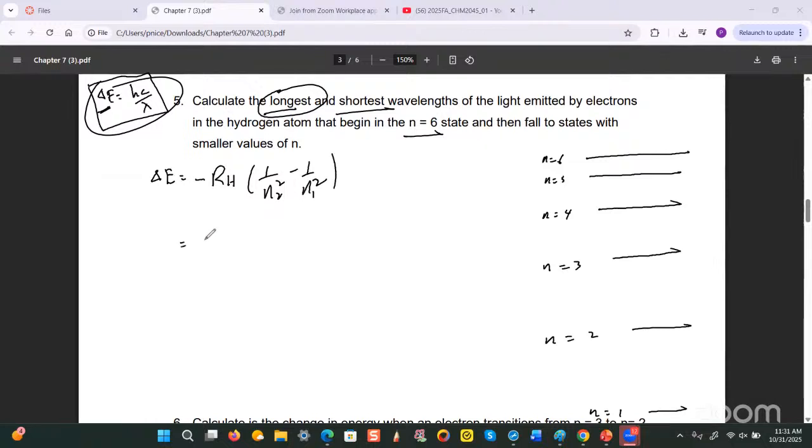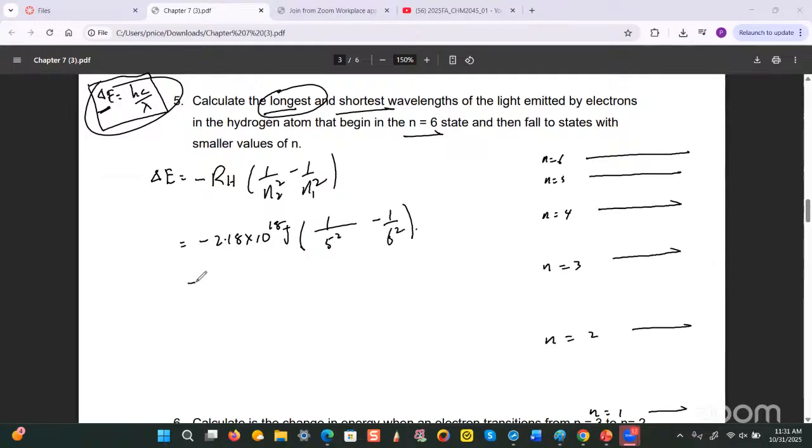Minus RH is minus 2.18 times 10 to the minus 18 joules multiplied by 1 over 5 squared, the final, minus 1 over 6 squared, the initial.